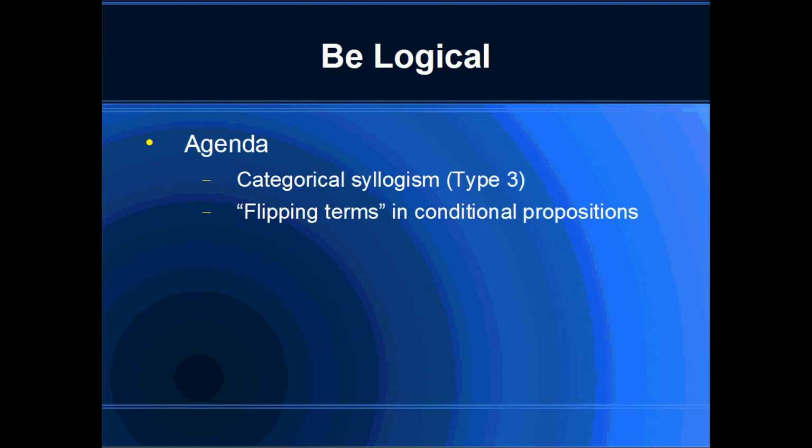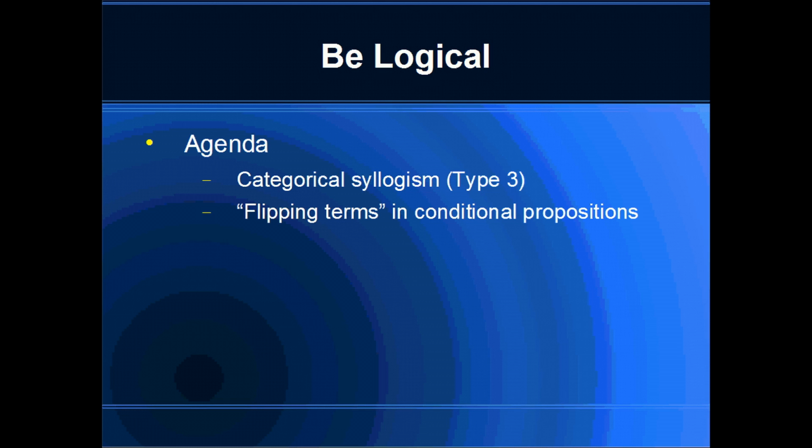A categorical syllogism consists of, at the very least, 3 categorical propositions. You have 2 premises, each of which is a categorical proposition, and you have a conclusion, which is also a categorical proposition. A proposition consists of a subject, a verb, and a predicate.